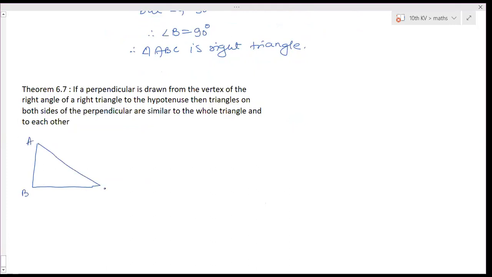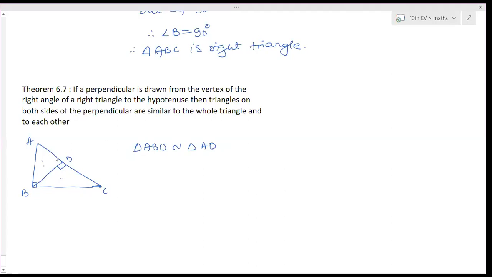So it is given in a right triangle ABC. Here, if this is 90 degrees, and from this vertex you draw the perpendicular BD, then each triangle formed on both sides of the perpendicular is similar to the larger triangle, as you have already proved, and they are similar to each other also. That means triangle ABD is similar to triangle ACB, since A is common.